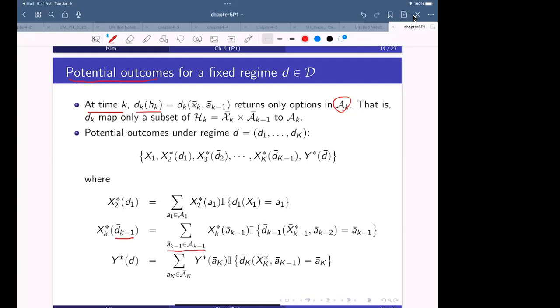So this is the potential outcome for X, and this is the potential outcome for Y. The potential outcome for xk only depends on k minus 1. This bar means the whole history, from 1 to k minus 1.